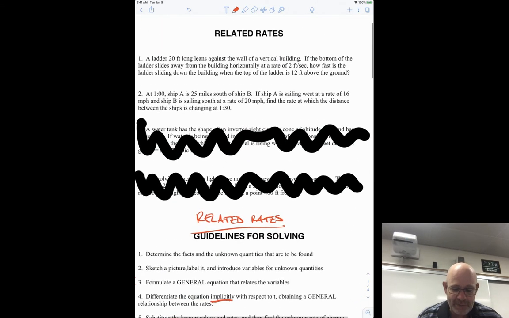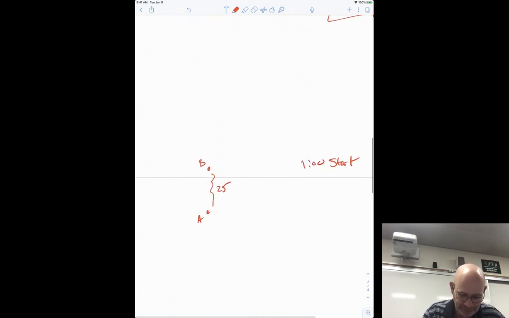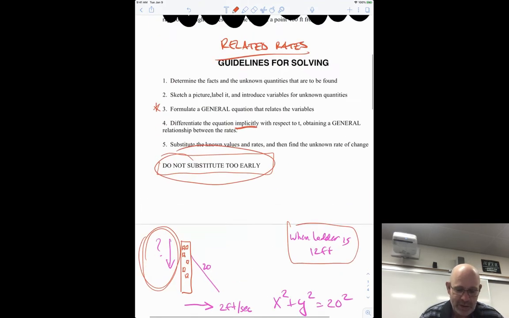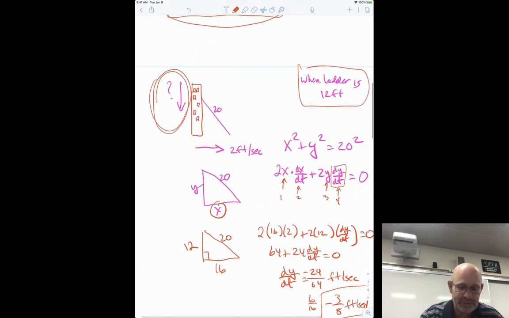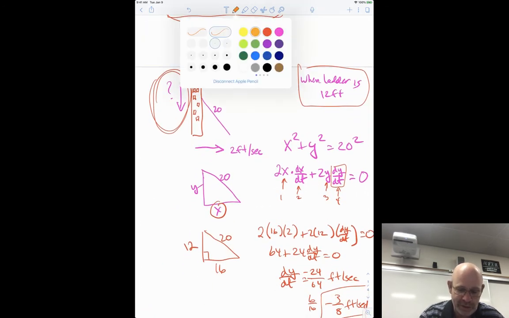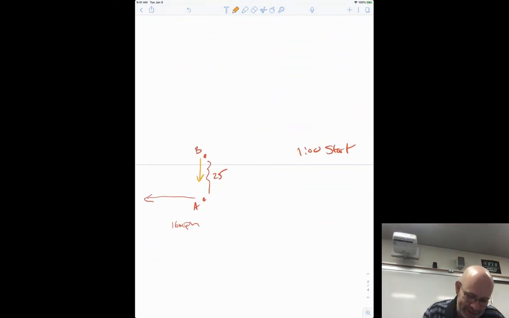Then ship A is sailing west at 16 miles per hour. Ship A is going this way at 16 miles per hour. Ship B is sailing south at 20 miles per hour. Ship B is sailing this way at 20 miles per hour.